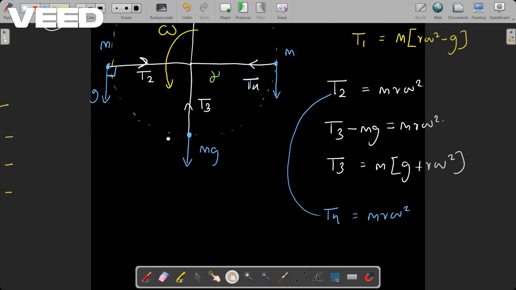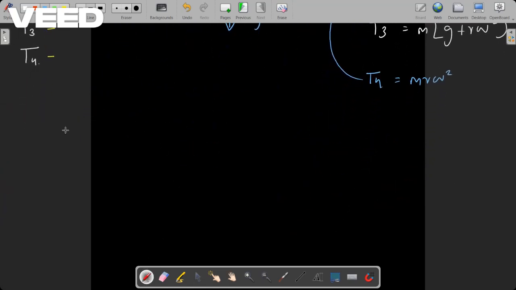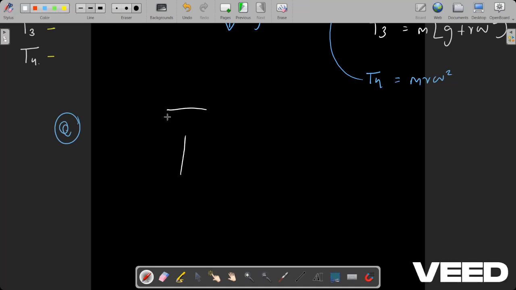Now I will give you a question. Again, there's an object and it is orbiting around this. The radius is 0.5 meters.